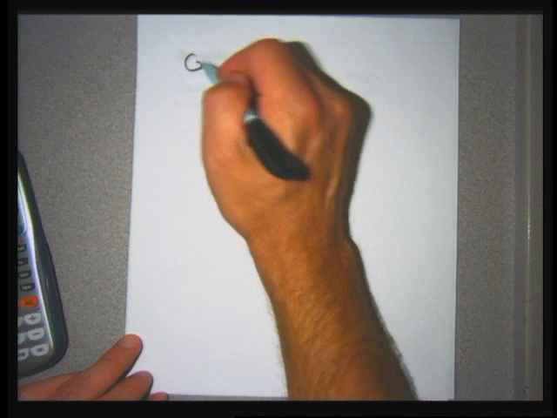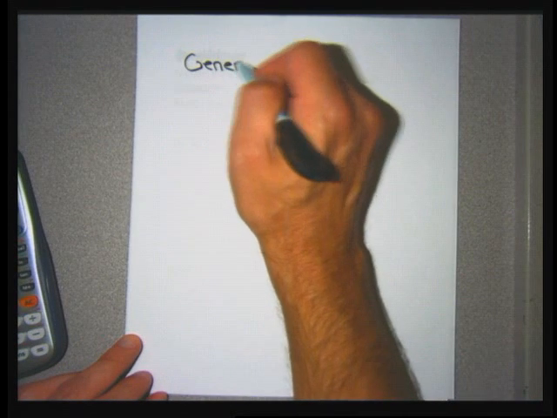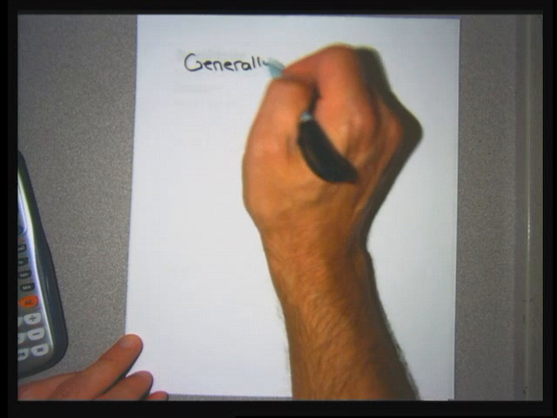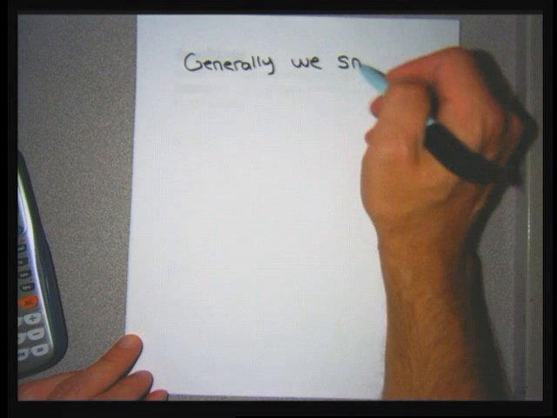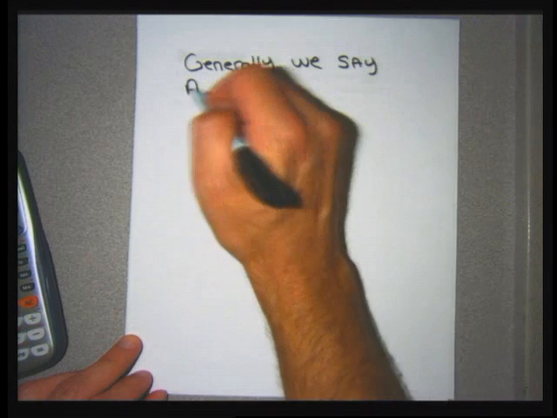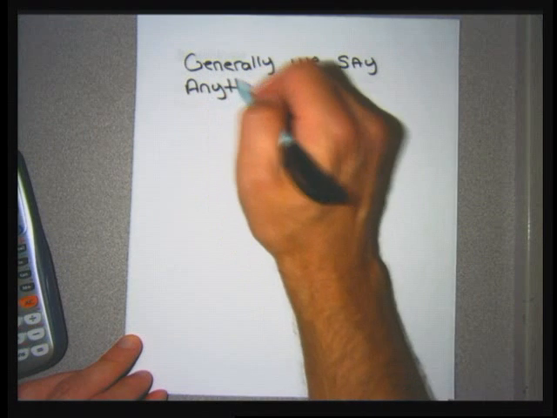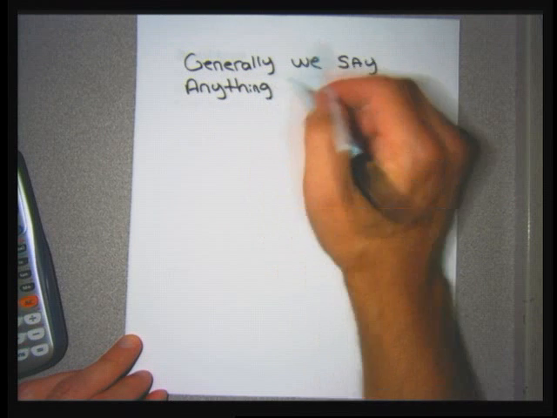So generally, if I asked a student about a zero exponent, I say this. Generally, we say anything to the 0 power is 1. And it's kind of unfortunate that we say that.